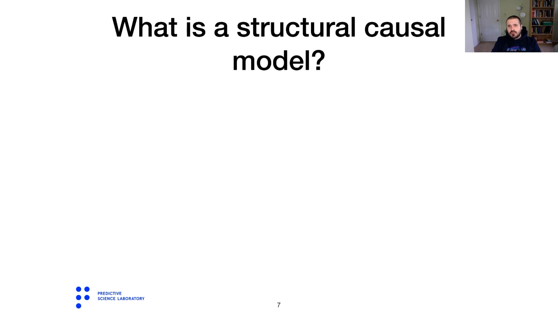We're going to use an example from the medical field. The first thing we're going to do is describe all the variables that play a role in this particular situation. The situation here is: what is the effect of a treatment on asthma?